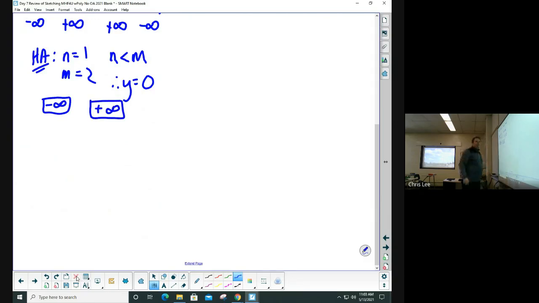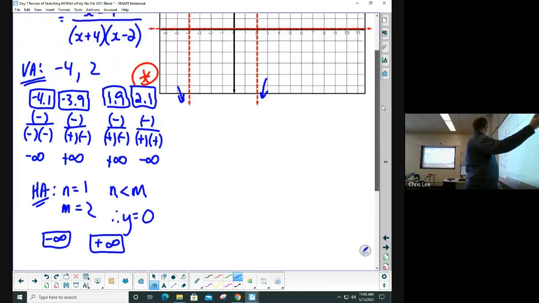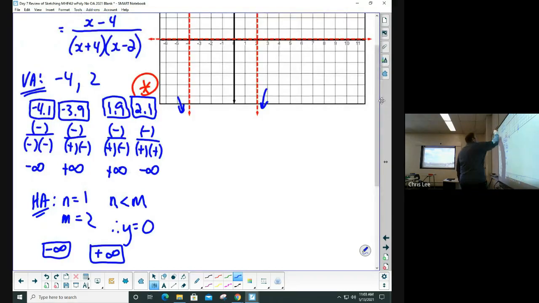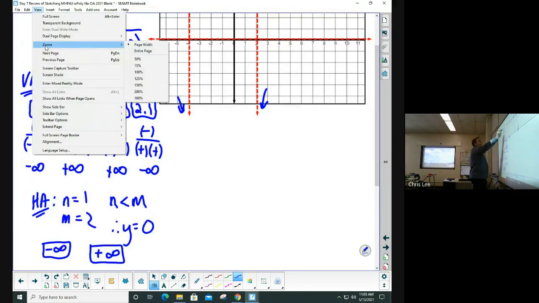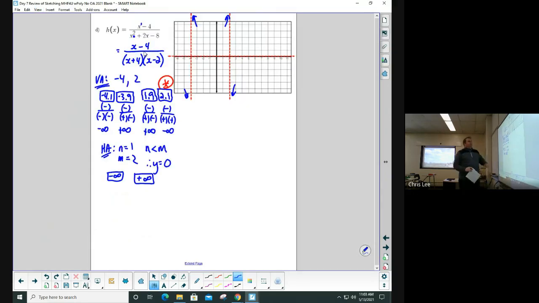We only did this when y equals 0, which means you put in a negative huge number, and you're putting it into the factored form. So we're going to put in negative a bazillion into the factored form.